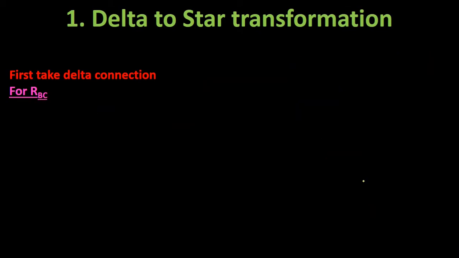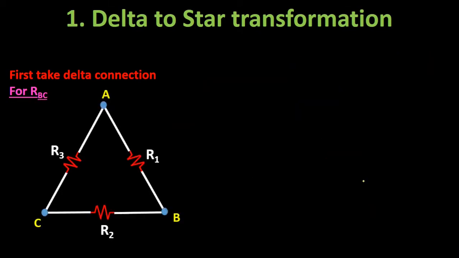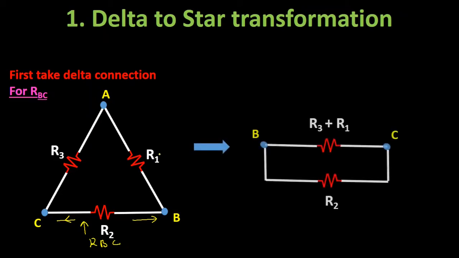Now we find out RBC. This is the delta connected network. So RBC will be across B and C nodes. This is RBC. For finding out RBC, we have to see from this side. So from this side we can see that this R2 resistance is in parallel with R3 and R1 resistance series combination. So this circuit will turn like this.